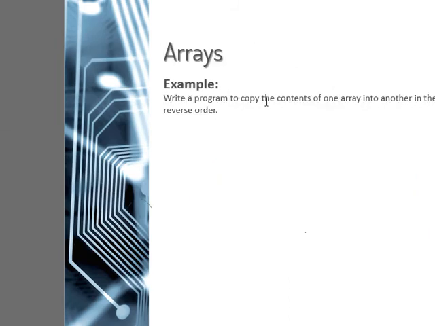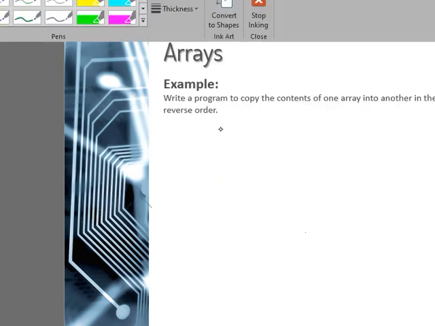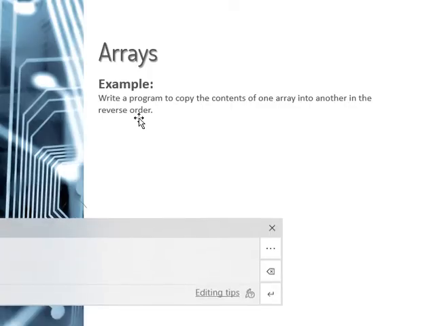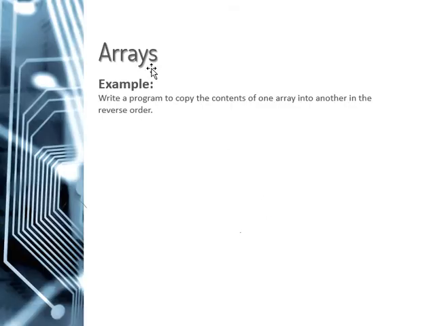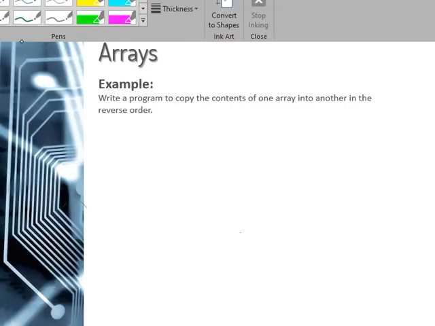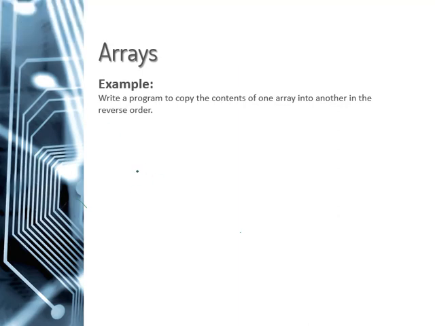Okay, so I think maybe you should rewind the video and see what happened in that code. But basically, the important lines there are the for loop: j equals 4, j greater than or equal to 0, and j minus minus.